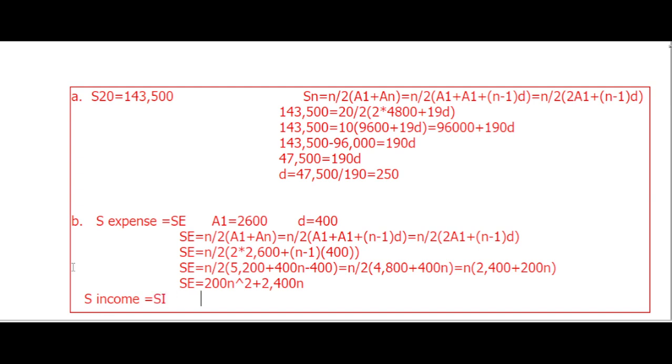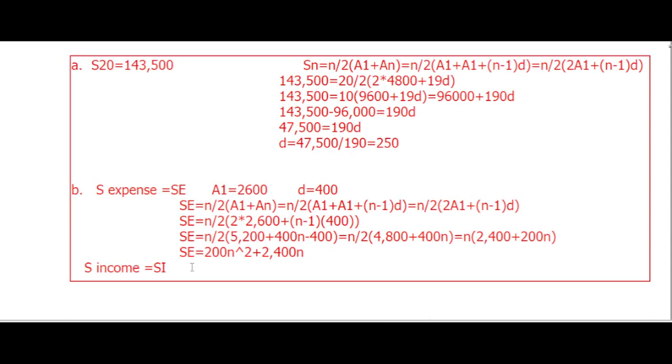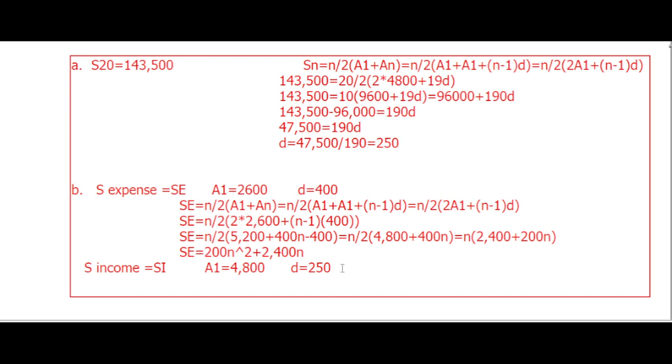We have given for ASI, A1 is equal to 4,800 and common difference D is equal to 250. We already have got it here, so let's substitute here.